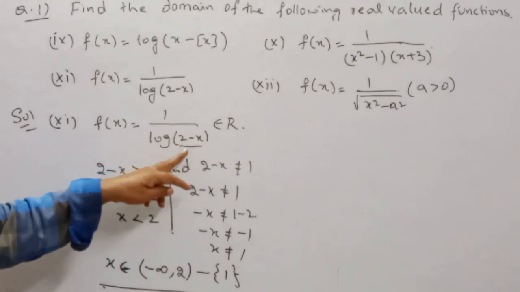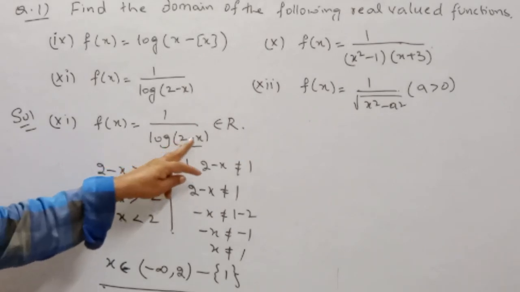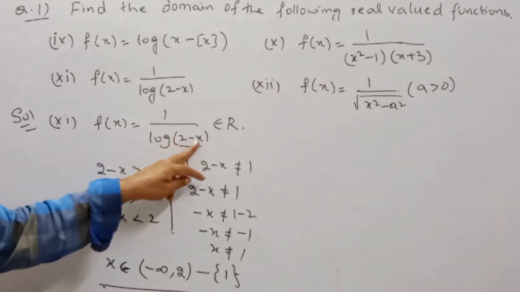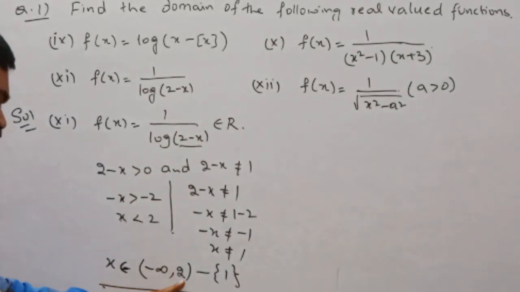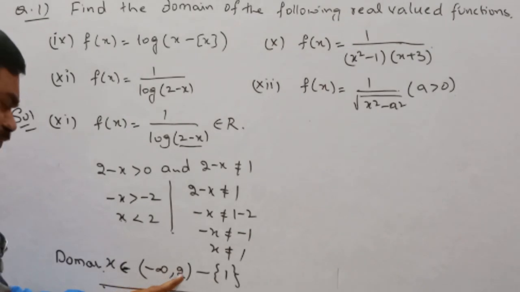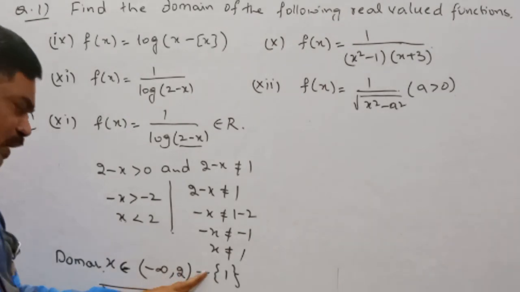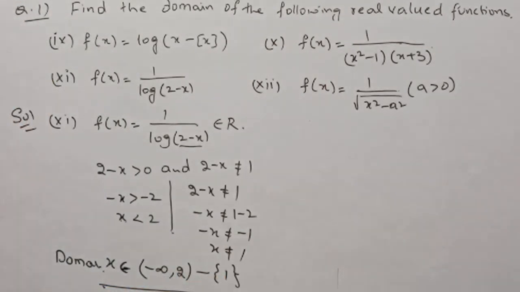So minus 3 is there, that is 2 minus of minus 3, 2 plus 3, that is log 5. Like this, minus infinity to 2 is the domain. The open interval minus infinity to 2, excluding 1, is the answer.